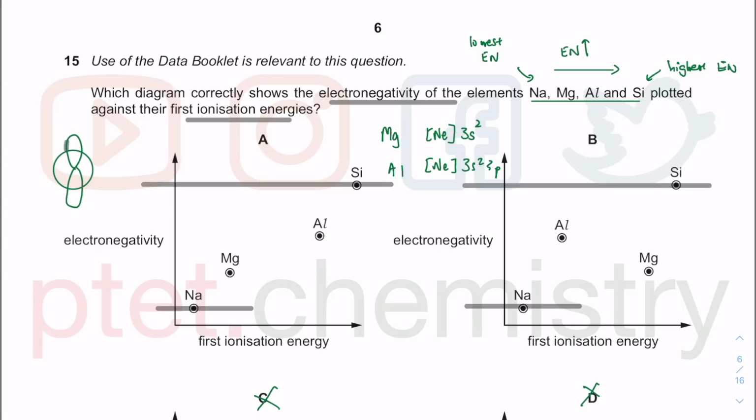When your electrons are in the p orbitals, they are further away from the nucleus, and therefore more shielded, and therefore slightly easier to remove as you don't require that much energy. That is why from magnesium to aluminium, there is a drop. That is your first drop in first ionization energy.